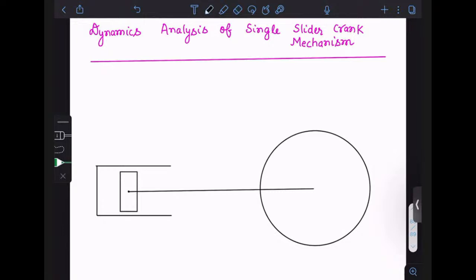See here, my dear. This is your basic diagram. Now we want to analyze the force. This angle we know very well.